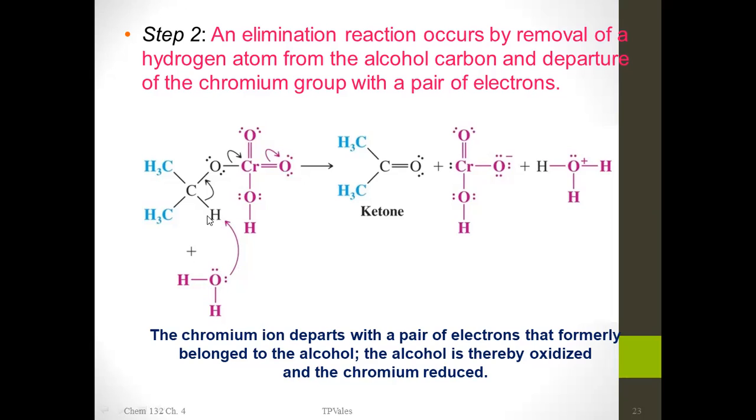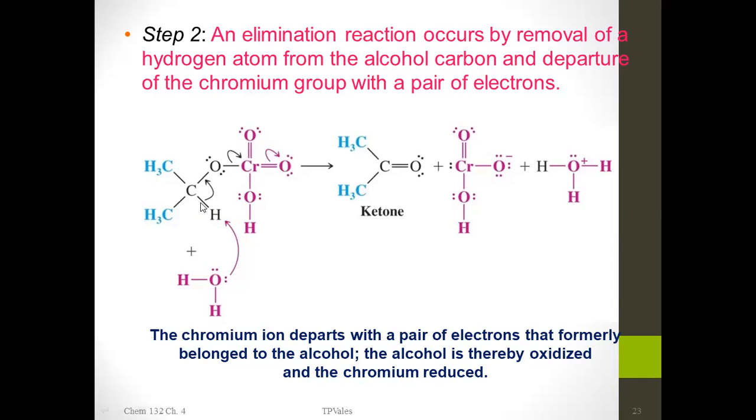And to abstract this one, what will happen? The carbon hydrogen electrons move toward the oxygen here, because again, you have to remember that oxygen is also somewhat depleted of electron density. There is an inductive effect due to this chromium here. So it will be satisfied by forming a bond between carbon and oxygen here.